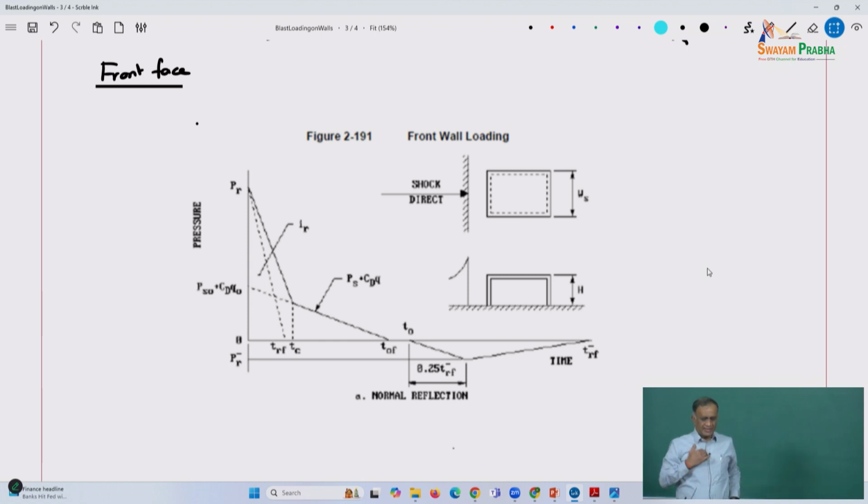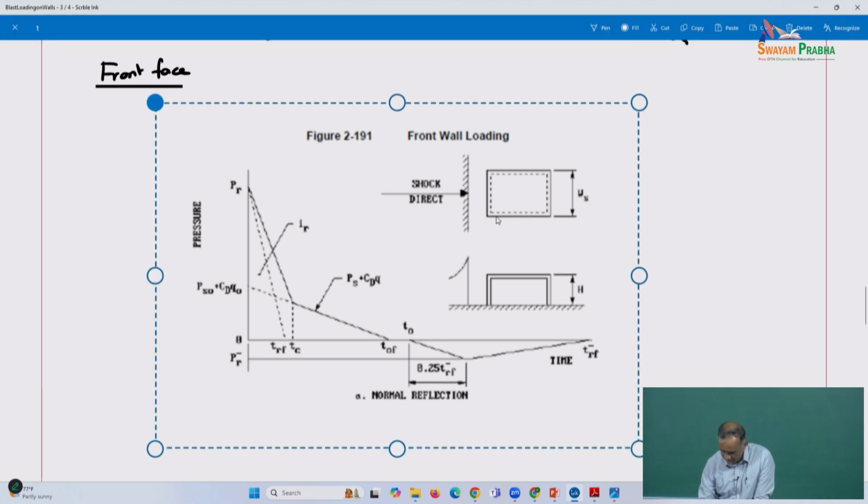They're using slightly different terminology, but it's the same thing. The front wall loading. So shock direct, this is the width, this is the height, and remember this, the length is right here.